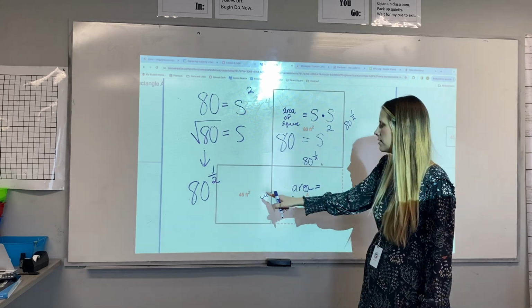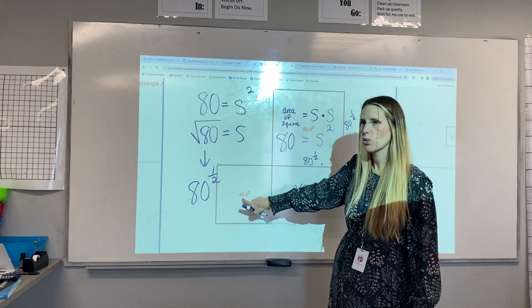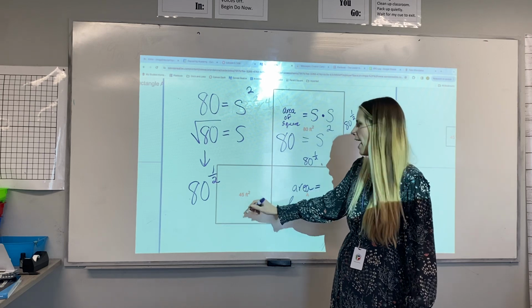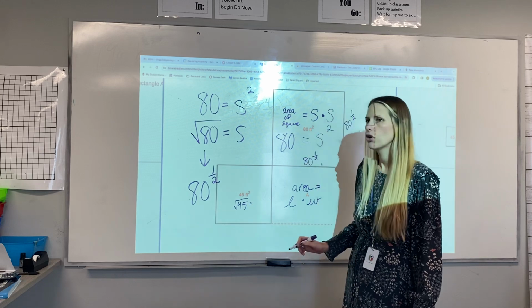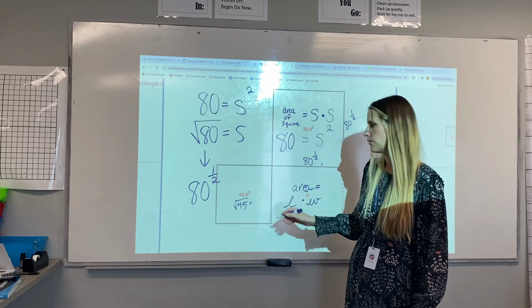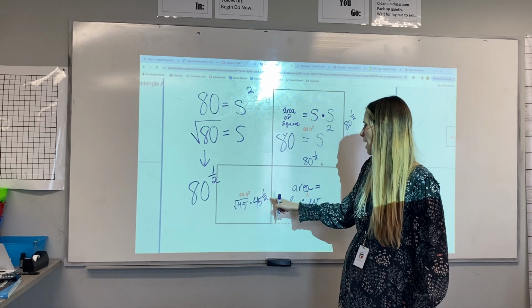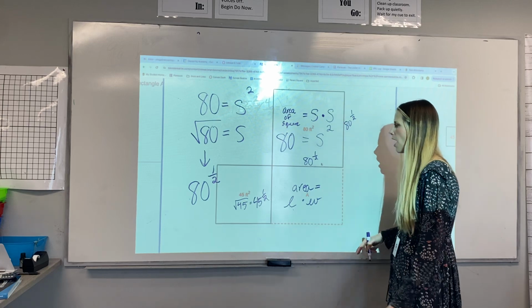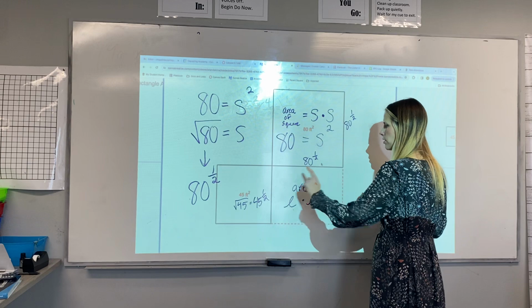How can we represent the side length of the square that is 45 feet squared? If I square root 45, how can I write it with a base and an exponent? 45 to the 1/2 power. That would be this side. Now, I have to find the area of this rectangle.